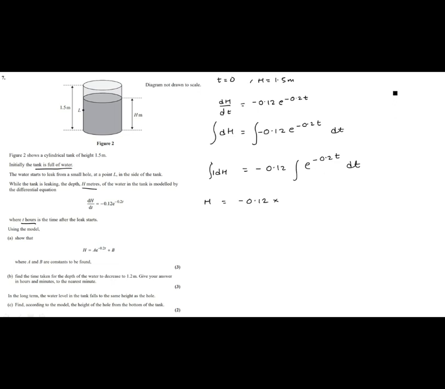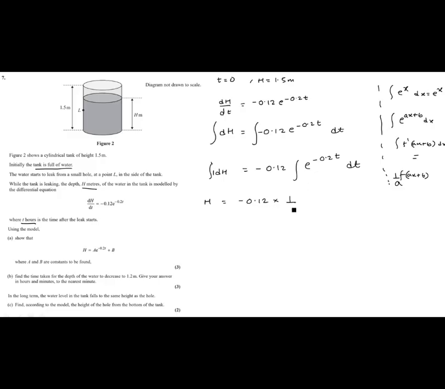Now the integration of e to the power x dx is e to the power x, and if you have the integration of e to the power ax plus b dx, then the integration of this is e to the power ax plus b, and then you multiply it by 1 over a.